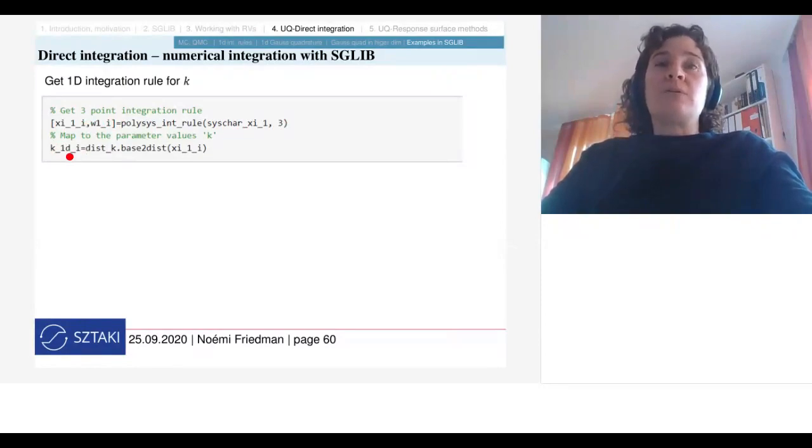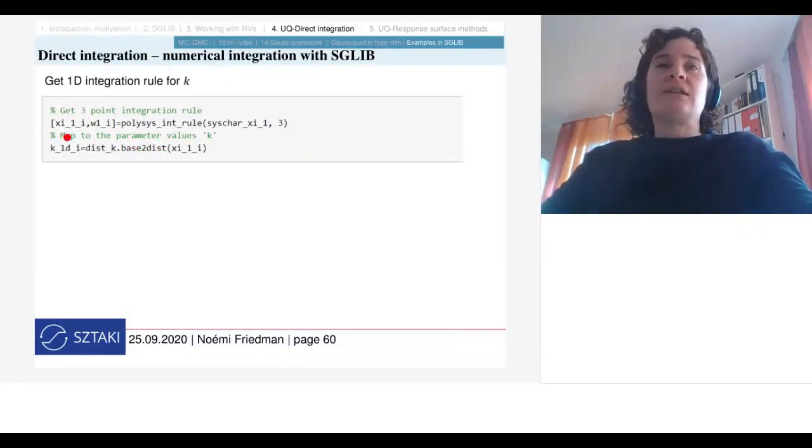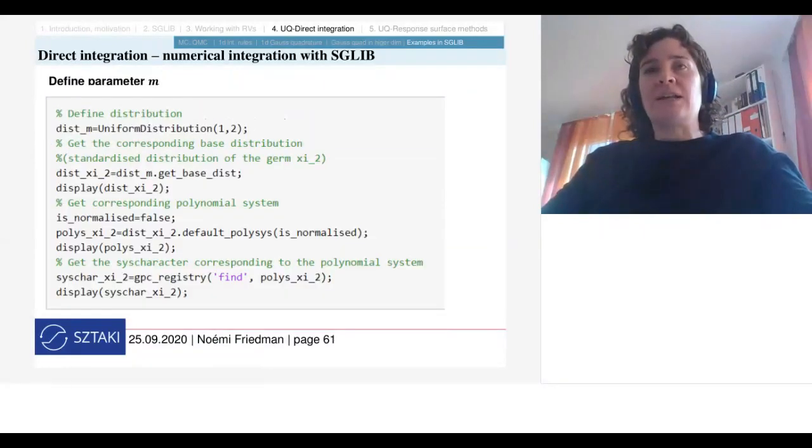And then I can map it back to the value of my real random variable k, where I just need to call this distributions function base to distribution. So the base distribution, I map it back to the original distribution, and then it will give me the integration points of the k parameter directly.